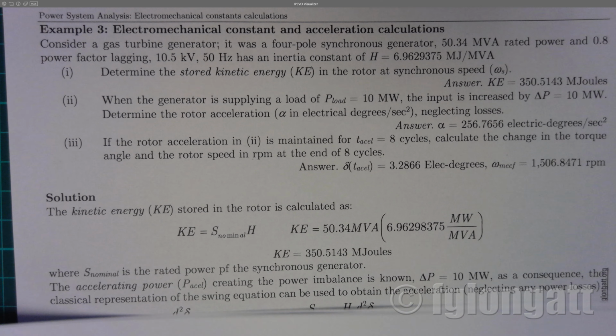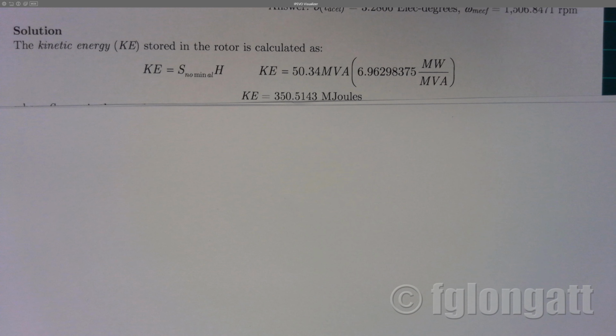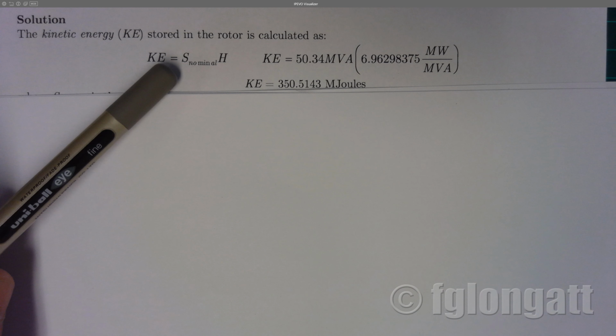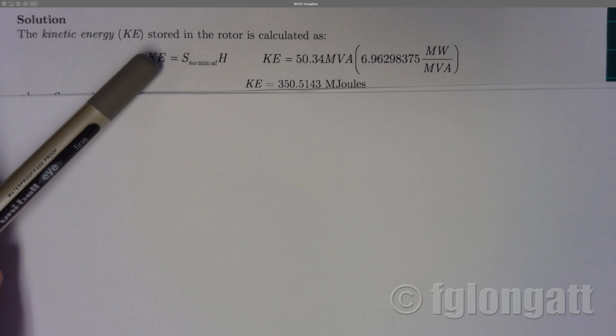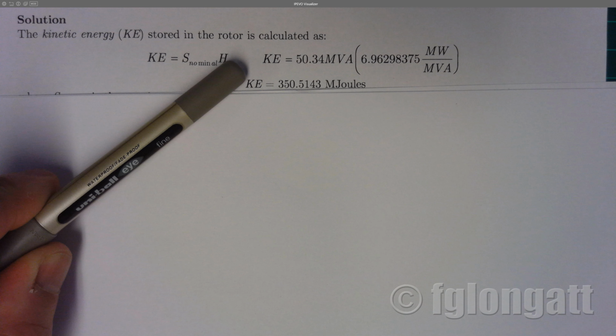Here, the starting point is very simple. Let me open the room here for more space. The first step is extremely simple. My students know a lot of mathematics, and they know that the kinetic energy stored in the rotor is the rated power multiplied by the rotational inertia. What I'm telling you is that KE is equal to the nominal apparent power multiplied by the rotational inertia.